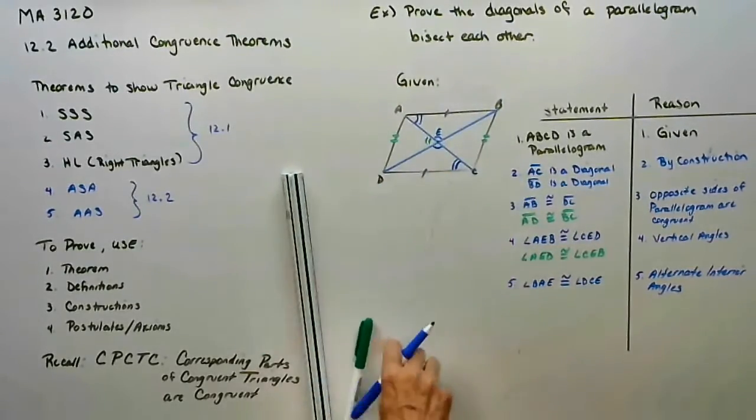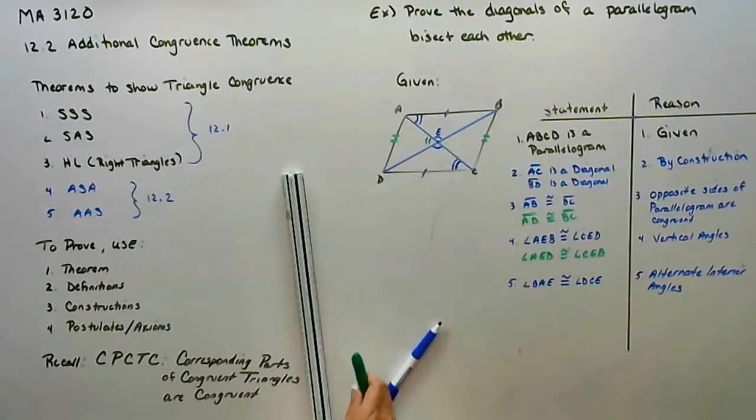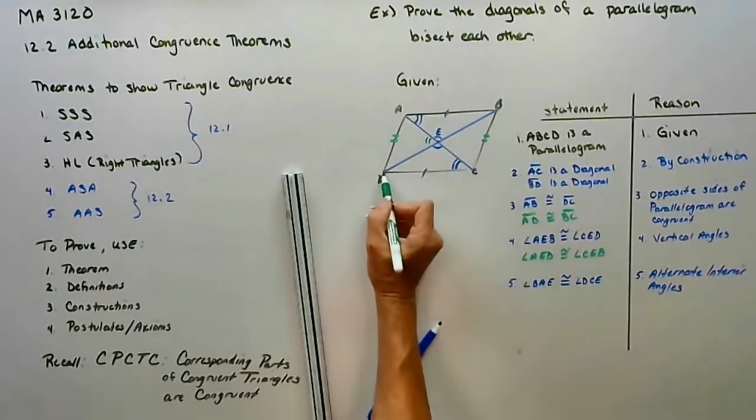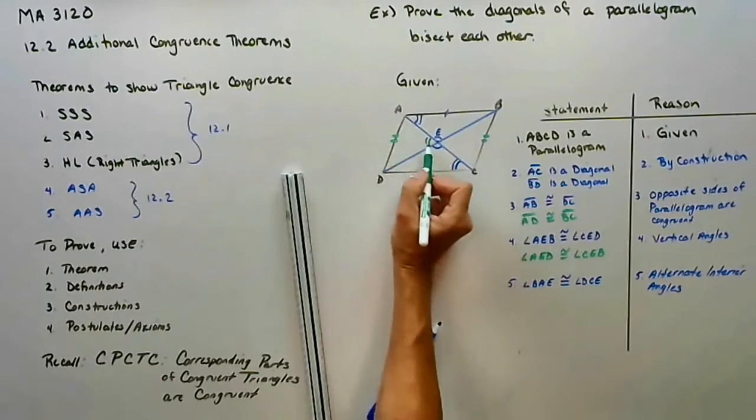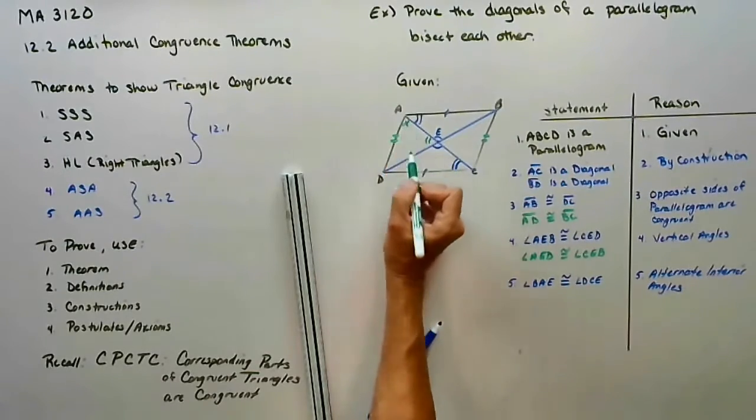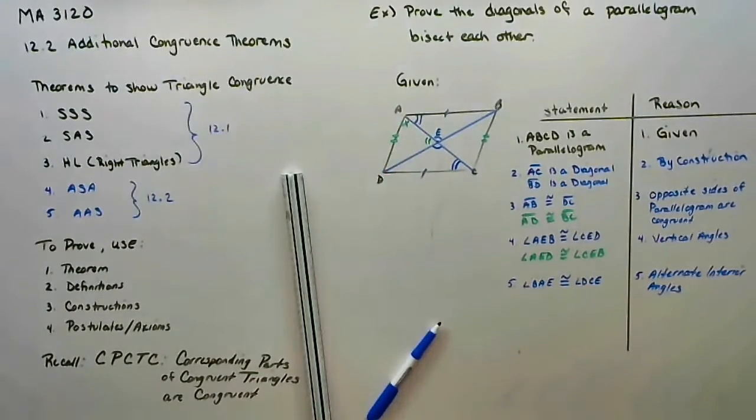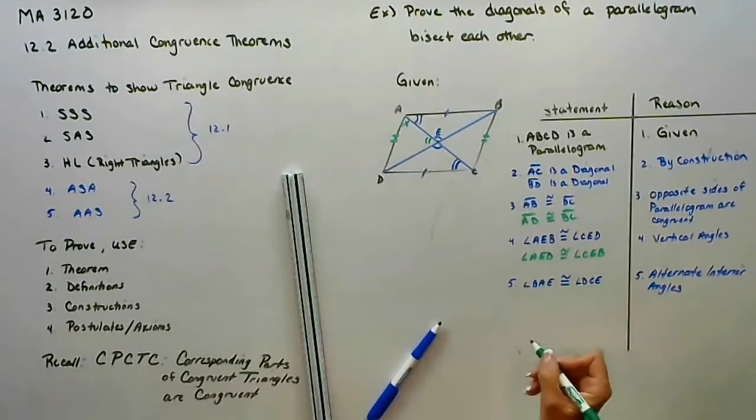All right, I can go from D to A to E, and DAE would be the same as BCE.